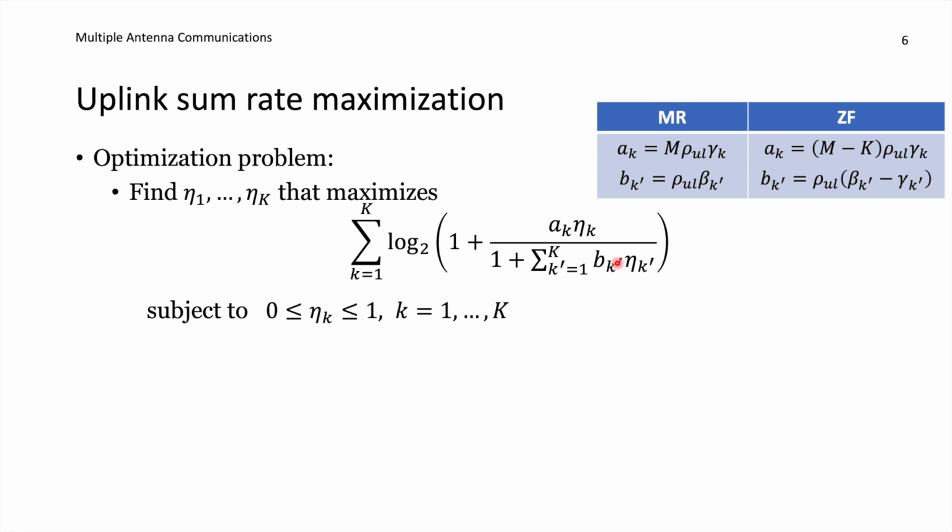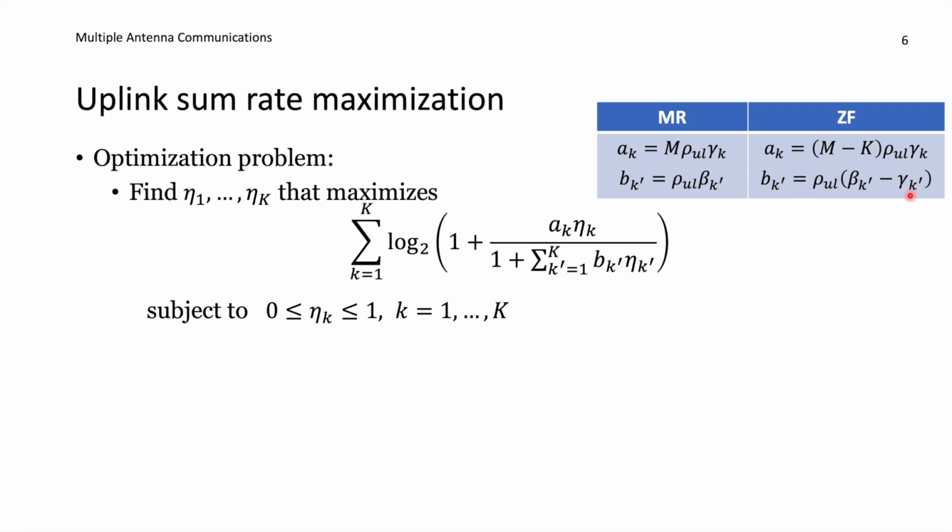Because in the uplink, the interference comes from the users. So the further away a user is, the lower the interference is going to be. So bk prime has either this form, rho uplink times beta k prime, if we are using maximum ratio processing, or it's rho uplink times beta k prime minus gamma k prime if we are using zero forcing.